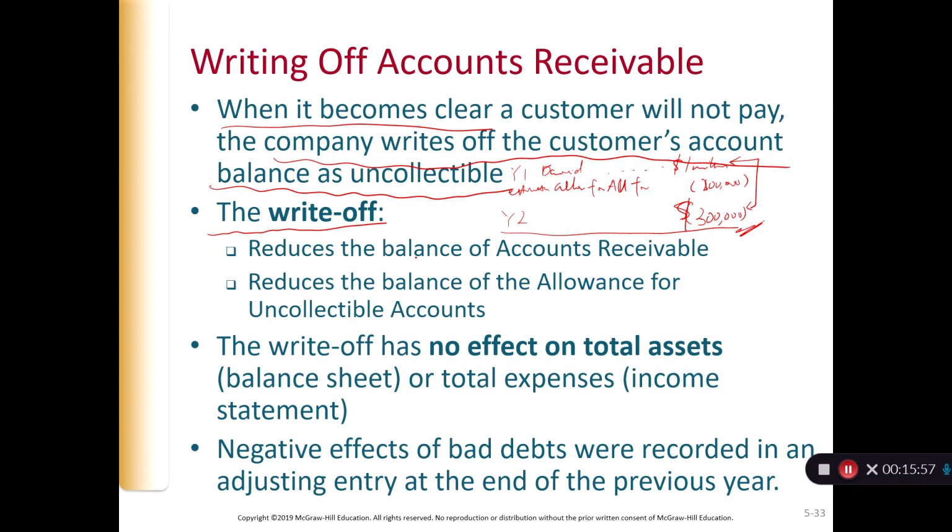First of all, you're going to reduce the accounts receivable balance, because when you experience that David cannot pay you even 300,000, you should reduce the accounts receivable from David from $1 million to 700,000. At the same time, you need to reduce the allowances for uncollectible accounts, because you already realize this uncollectibleness is true. Okay, so write off.